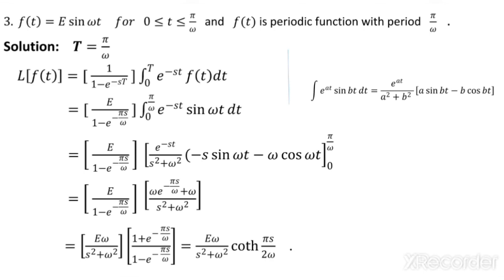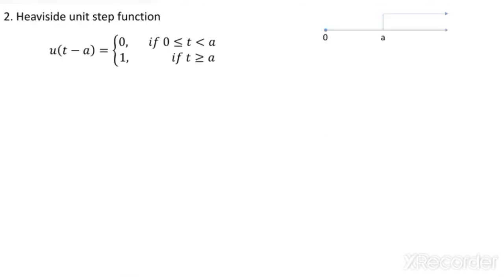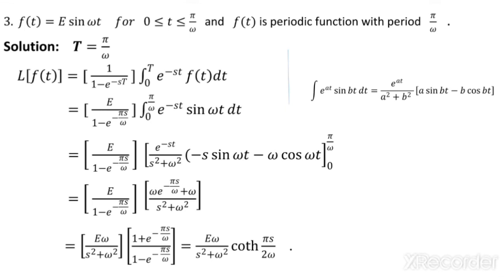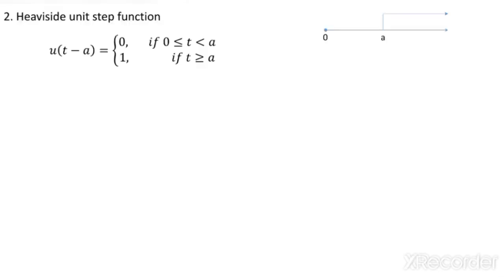So what is unit step function? Let me define unit step function first. It is also called the Heaviside function. So I can call it Heaviside function or unit step function.